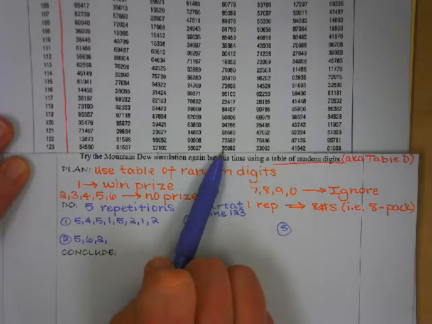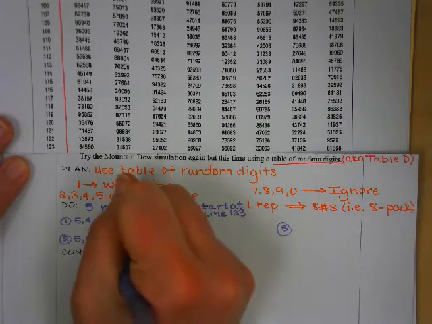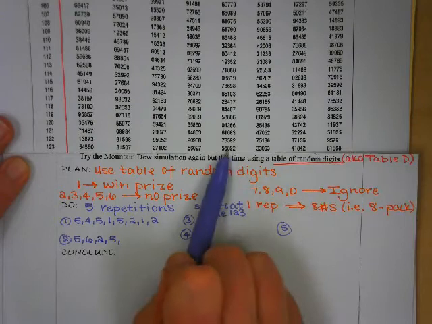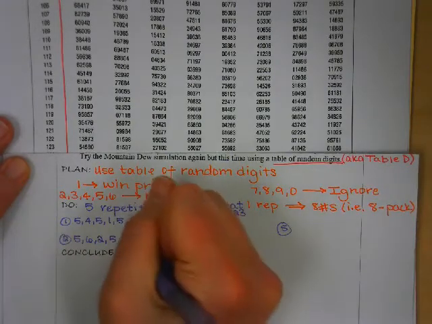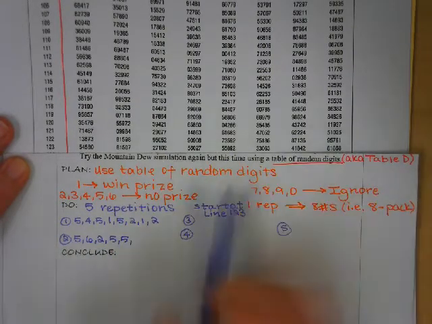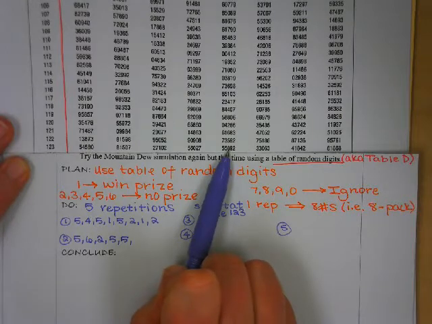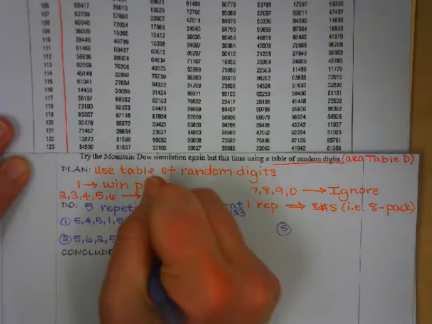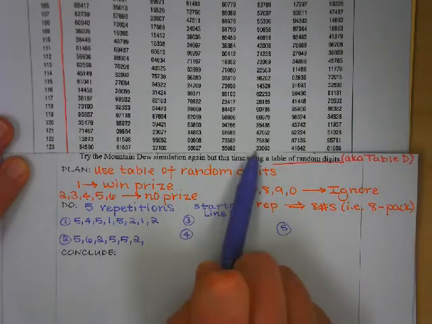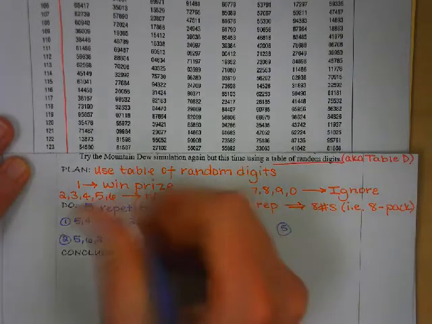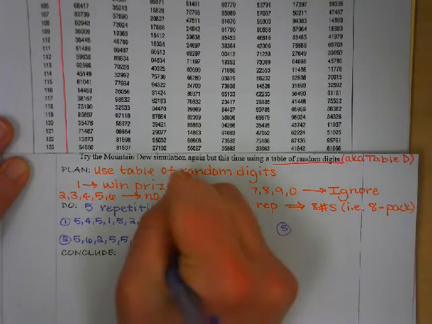I use 5, and I use 5. I ignore 8, and I ignore 9. I use 2. Keep going. 3 and 3. And that finishes out that repetition.